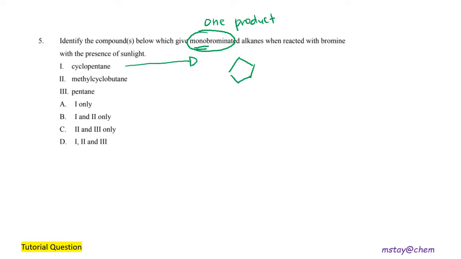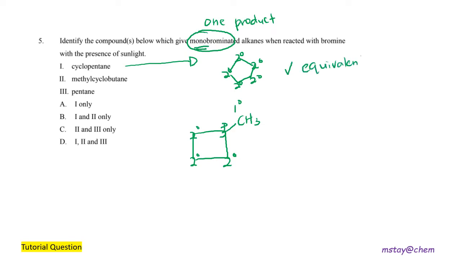All these carbons are secondary carbon, secondary carbon, secondary carbon, secondary carbon, and secondary carbon. While for methylcyclobutane, cyclobutane with the square shape and then with a CH3, here we have primary, we have tertiary, secondary, secondary, and secondary carbon. So this is not equivalent. Okay, this one is equivalent. So 2 will be out.